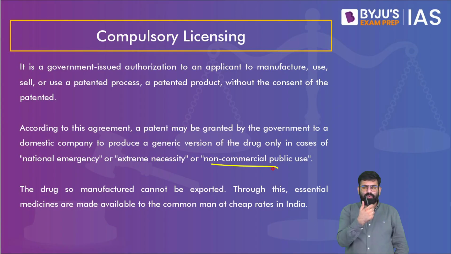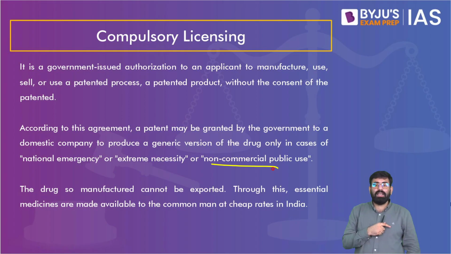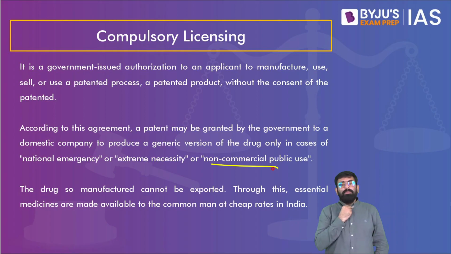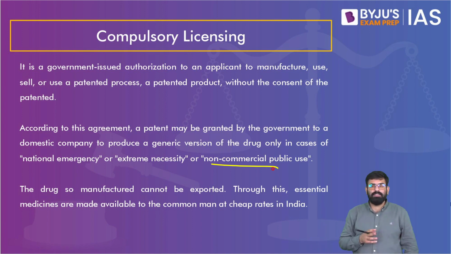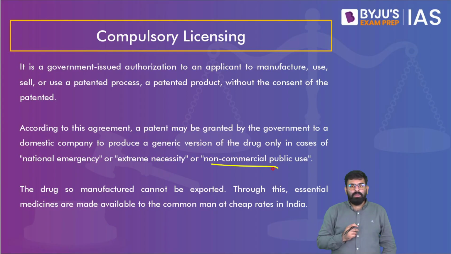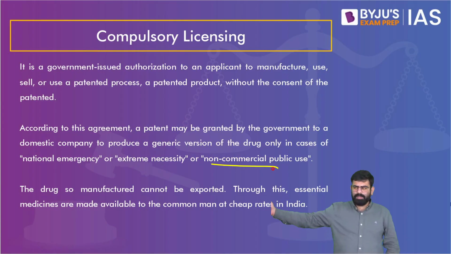If you remember, there was a lot of lobbying going around during the times of COVID for providing this compulsory license for a few drugs. Now, what will happen is, if you provide a compulsory license, you do not have to take the permission of a patenter.